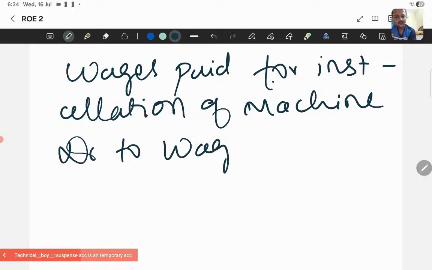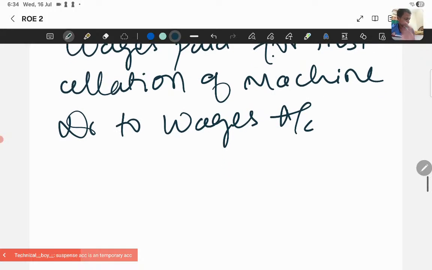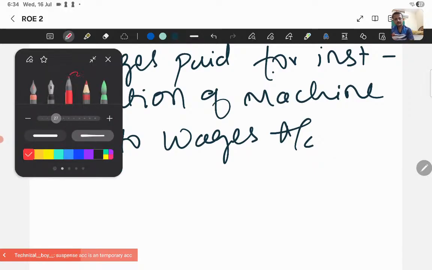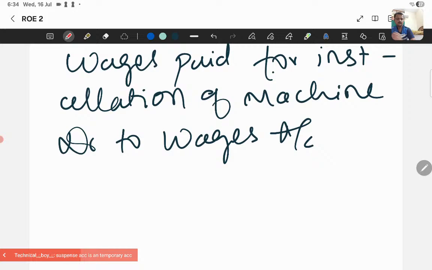Wages account. This is a transaction. Have you understood this transaction? Wages paid for installation of machine debited to wages account. Okay.